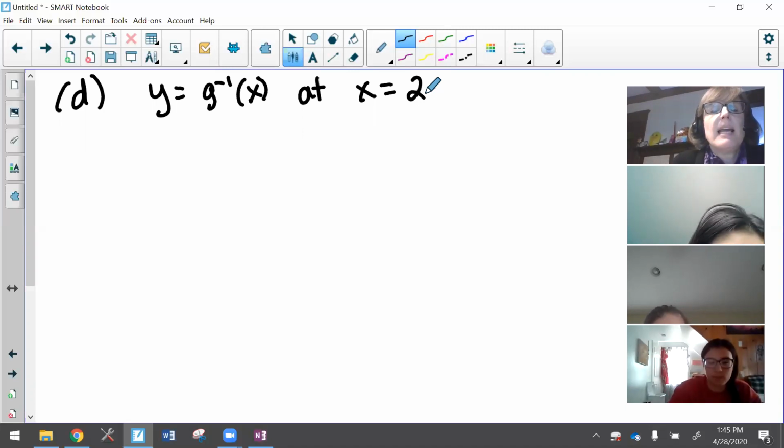If I'm going to write the equation of a tangent line, I need two things, right?